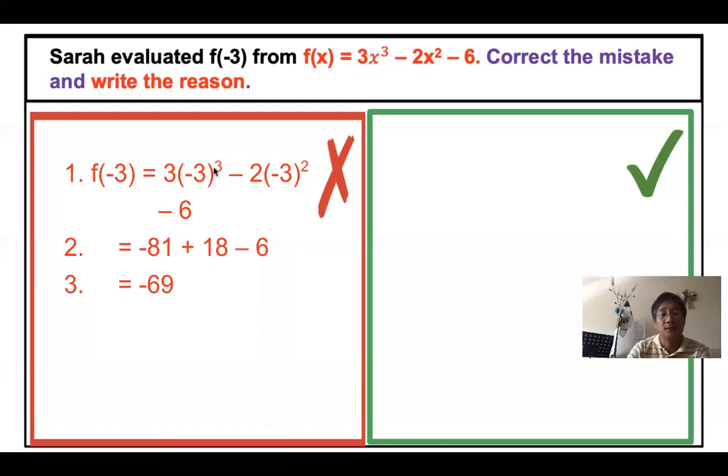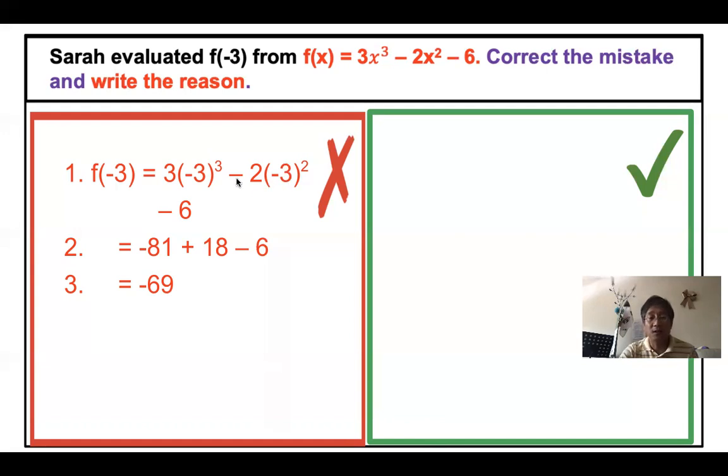Exponent first. So negative 3 to the third power is negative 3 times negative 3 times negative 3. The other number, negative becomes negative. 3 to the third power is 27. So negative 27 times 3 is negative 81. This is good. How about here? Do you multiply this negative? No, you don't do this first, right?